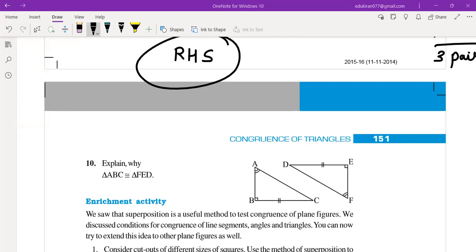Because of ASA condition. AAS. Angle side. AAS or ASA? No, there is no such criteria. It is angle, side, angle. Ma'am, but we had it, ma'am.